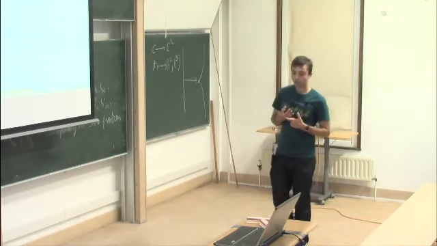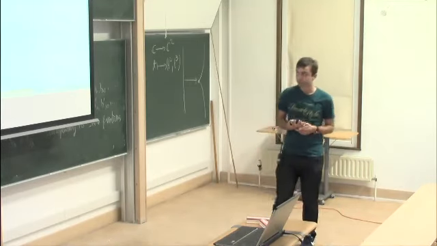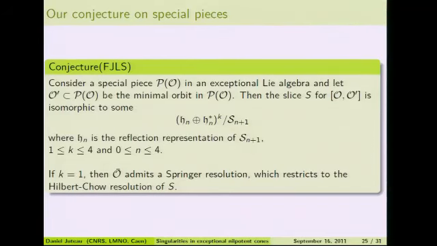So now I will come back to the special pieces. There is this conjecture by Lusztig that special pieces are quotients of a smooth variety by a precise finite group. So we have a related conjecture about what this singularity should be.